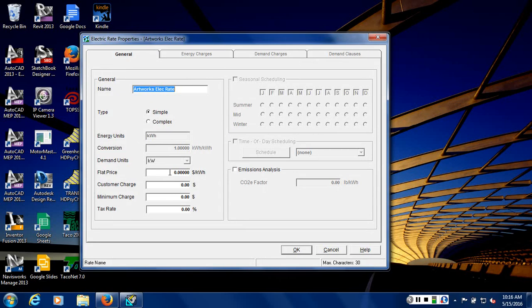And then you're going to have to put a cost per kWh in for electric. We're using a simple rate. So you enter in a cost per kWh and a customer charge. This cost per kWh was calculated in that spreadsheet last week. The customer charge is something taken right off the bill, and it's something you had to enter into that spreadsheet.